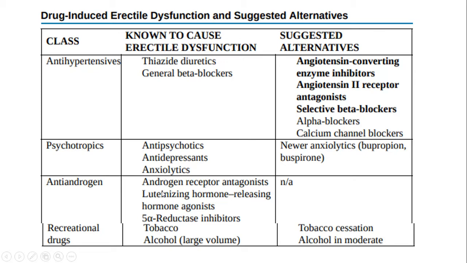Anti-androgens, of course: androgen receptor antagonists, luteinizing hormone releasing hormone agonists, and 5-alpha reductase inhibitors cause decreasing of androgen formation.